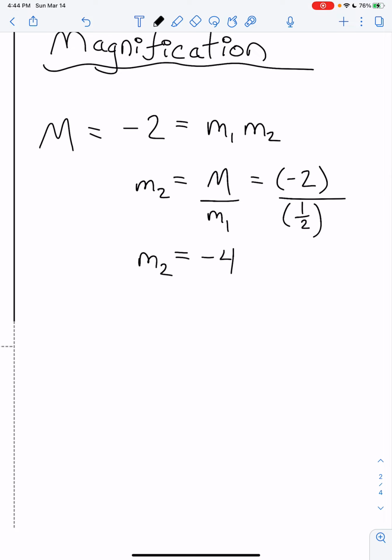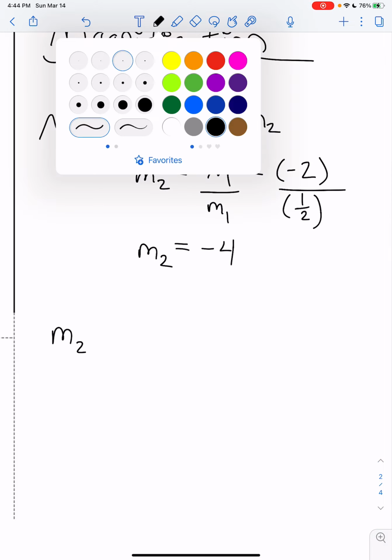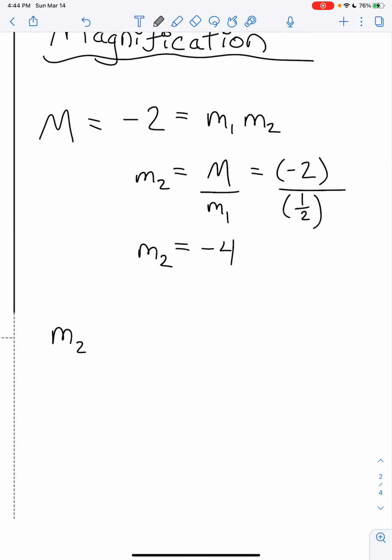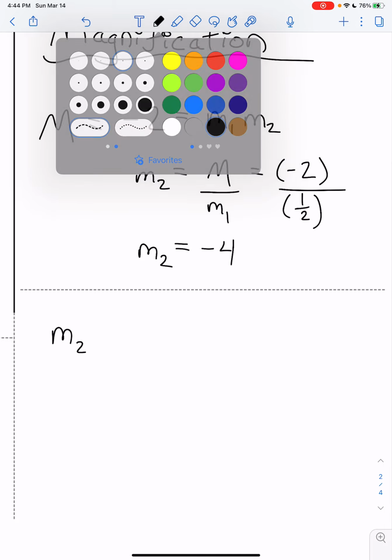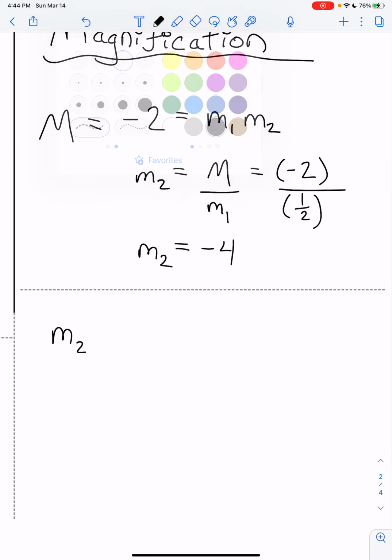Well, we're going to get a relationship between the distances of the object and the image for the second lens, because M2, maybe I'll just divide this out a little bit, keep this organized. Because we know that M2, which we found, is also the ratio of those distances.